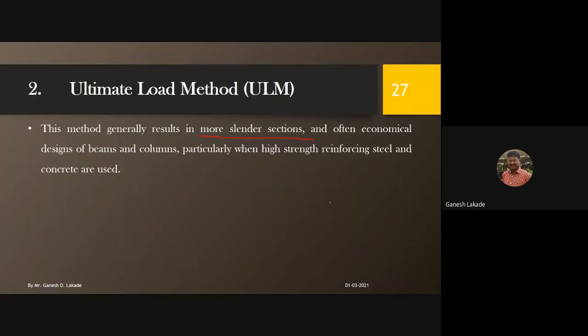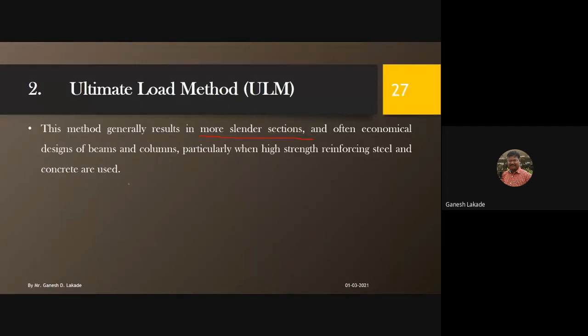In the working stress method, the section sizes we obtained were greater. Whatever sizes of beams and columns we obtained in the working stress method were larger, and that's why we said it is uneconomical.